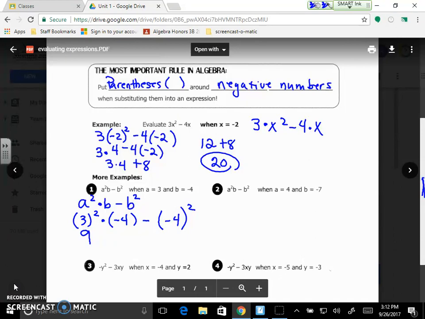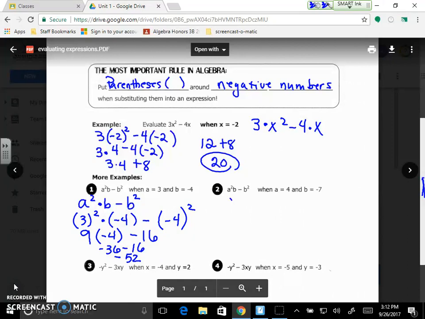And we're going to say that's times negative 4, right? Because that's what it says. And then minus, well, negative 4 squared means negative 4 times negative 4, which gives us a positive 16. So now we have 9 times negative 4 is negative 36 minus 16. Negative 36 minus 16 is negative 52.